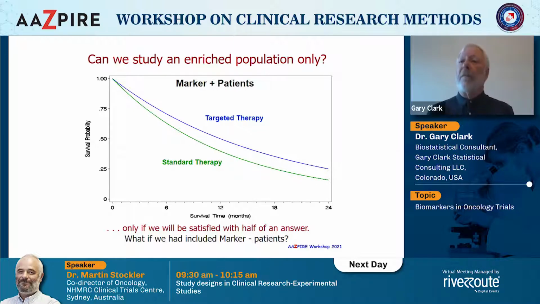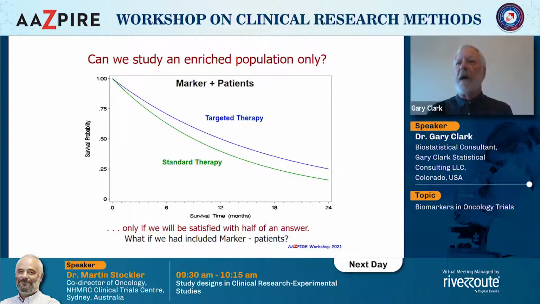Now, granted, the chemists who created this molecule that turned into a therapy told us that it's not supposed to work in marker negative patients. But we've all been surprised when we introduce a new therapy into human patients. Sometimes what we think is supposed to happen doesn't always take place.